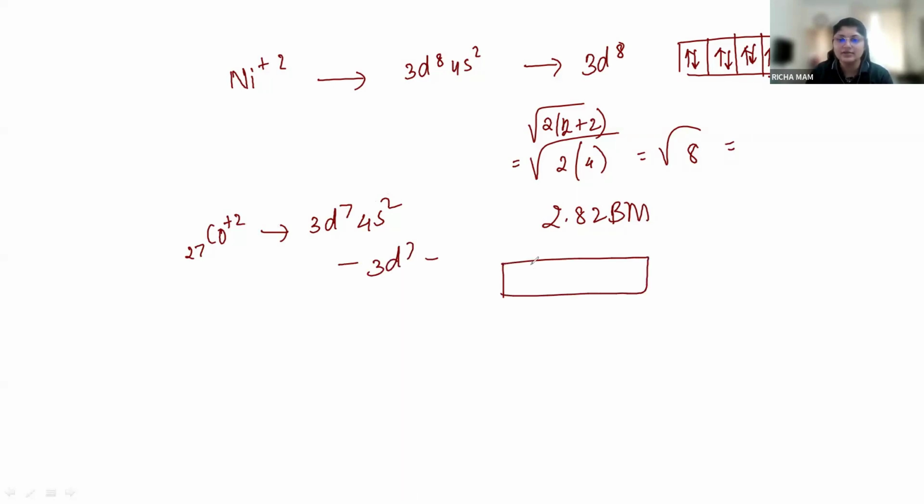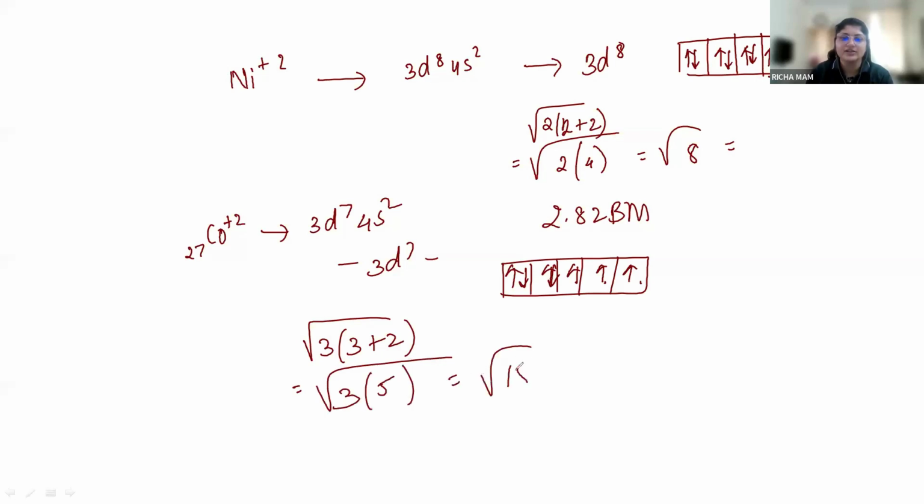Fill up the electrons: 1, 2, 3, 4, 5, 6, and 7. So there are 3 unpaired electrons. So square root of 3 into 3 plus 2, square root of 3 into 5, so 15. Square root of 15 is 3.87 Bohr magneton.